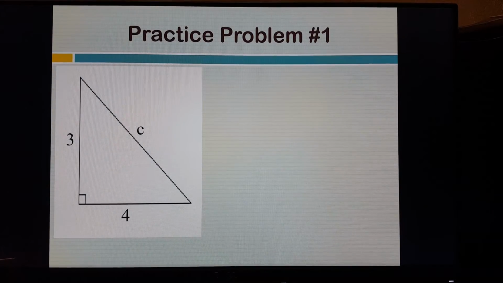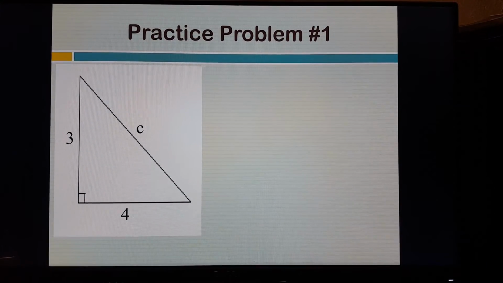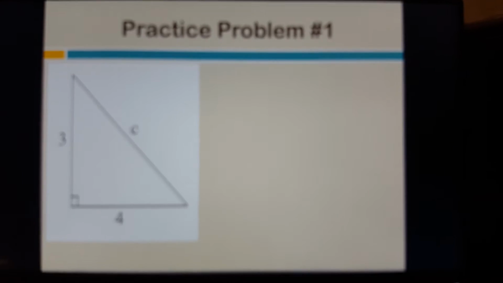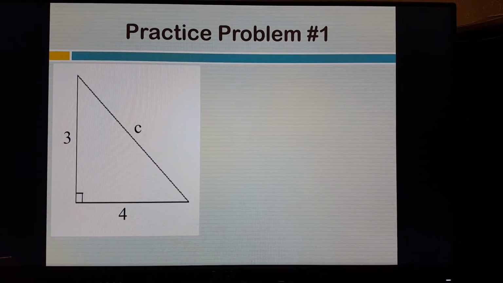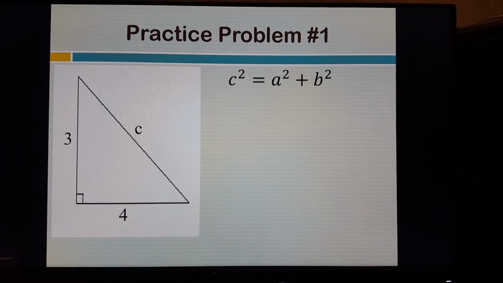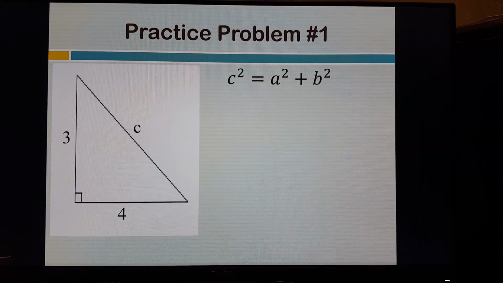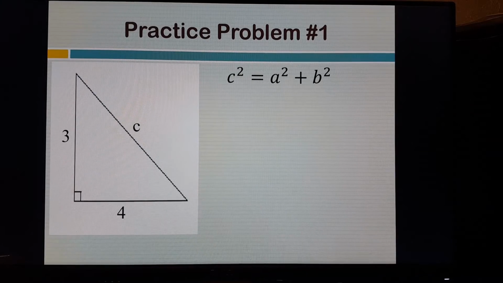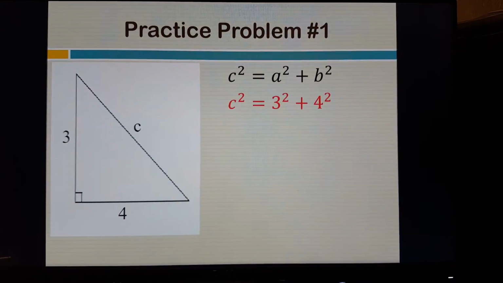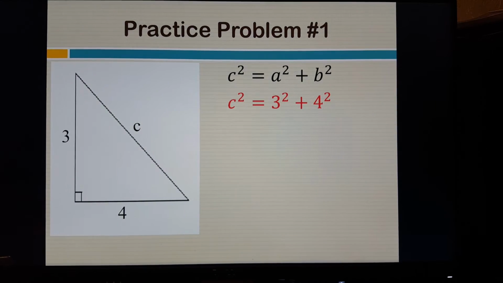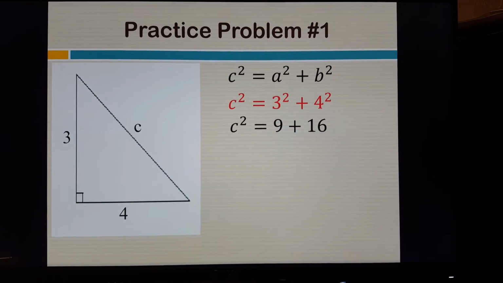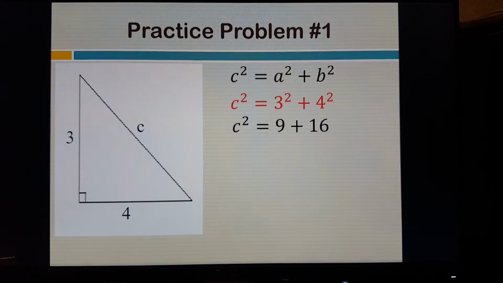We're going to do a practice problem with that formula right now. If I have a triangle whose legs are 3 and 4, and I use the Pythagorean theorem with C squared equals A squared plus B squared, you put the 3 and the 4 in for the A and the B. Then you square the 3 and square the 4.